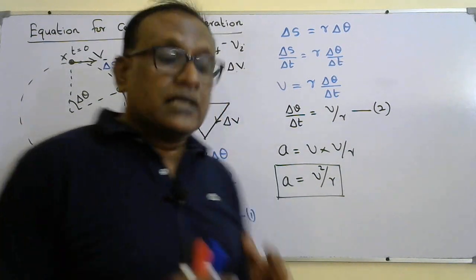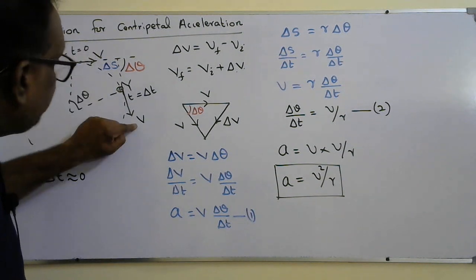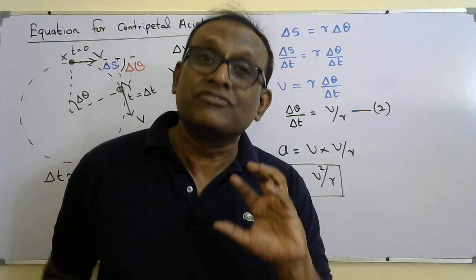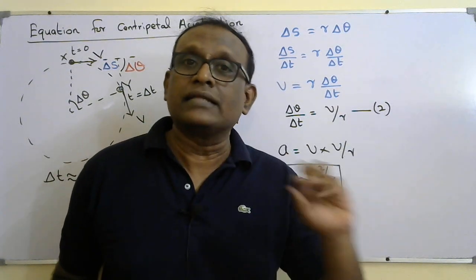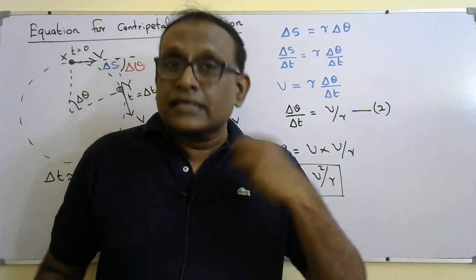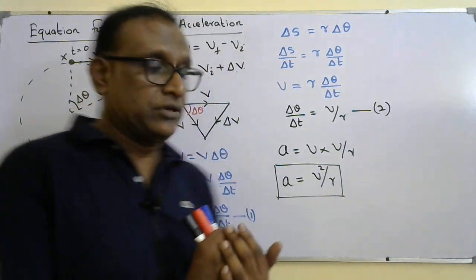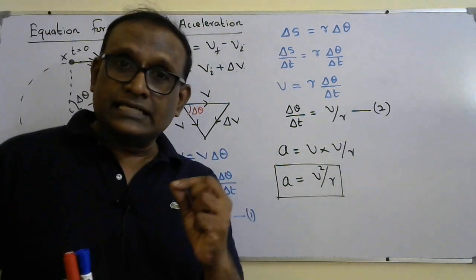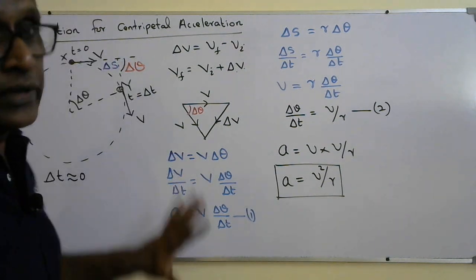But remember that students have confusion because when we put v here and here, students think this derivation is valid only for motion in a circular path at constant speed. No, this is valid even when the speed changes during circular motion. We can use this equation for the acceleration at an instant, because in this derivation I did not say it's moving at constant speed.